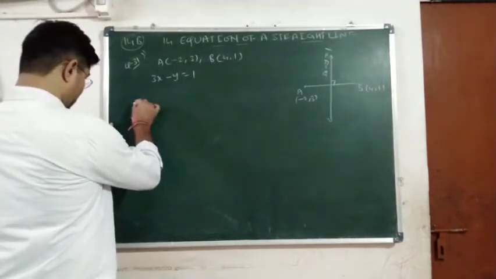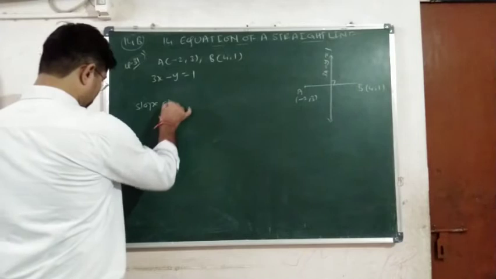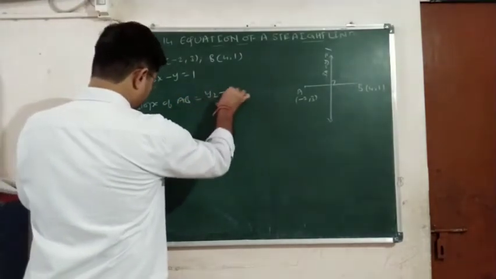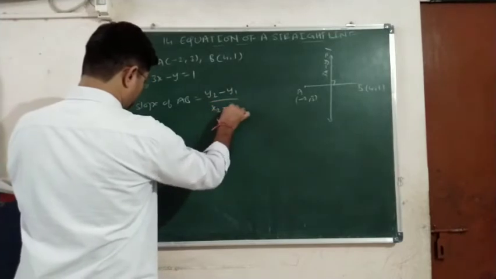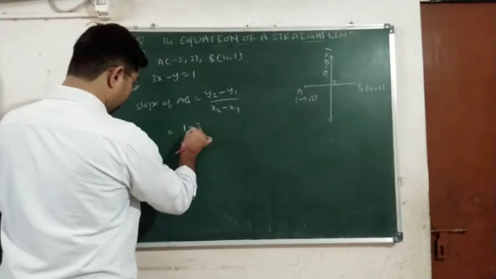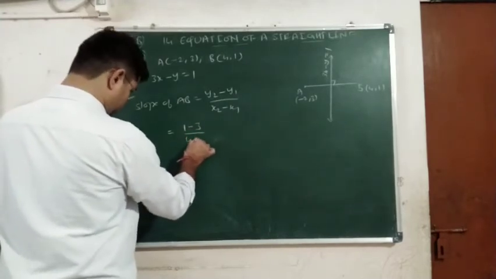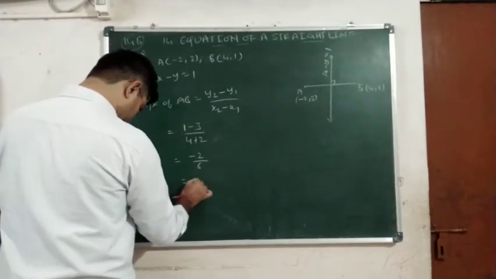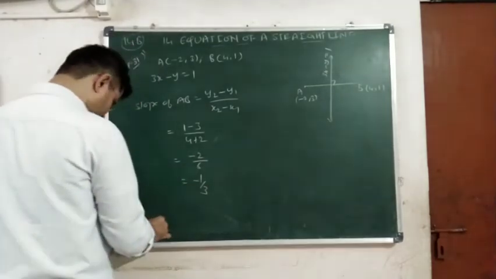First we'll find the slope of AB: y2 minus y1 upon x2 minus x1, so 1 minus 3 upon 4 plus 2, which is minus 2 upon 6, equal to minus 1 upon 3.